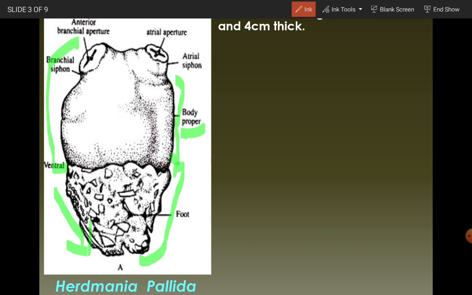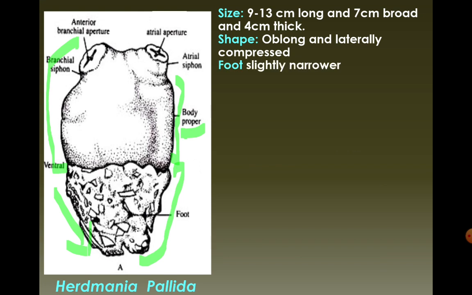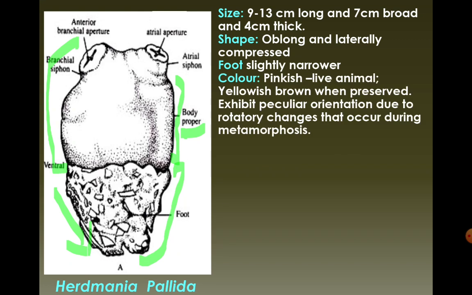The shape looks more like an oblong, and by size it is almost 9 to 13 centimeters long, 7 centimeters broad and 4 centimeters thick. It looks like an oblong structure and is laterally compressed. The foot becomes slightly narrower when compared to the body proper.